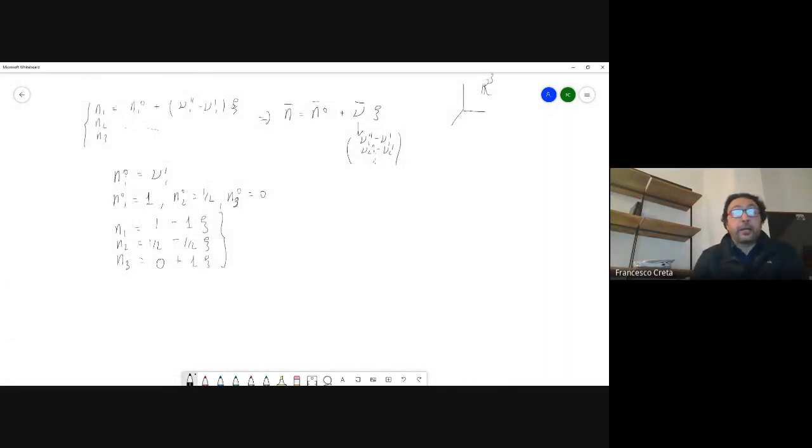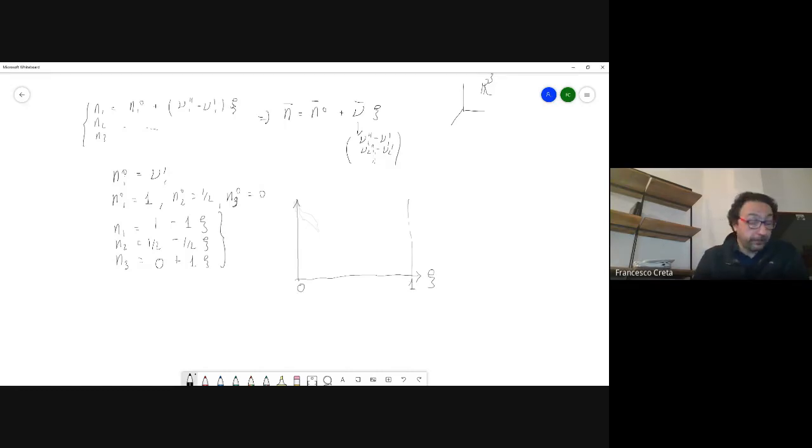For example, in this graphical setting you have on the x-axis the variable psi, which, as we said, varies from 0 to 1. When psi is 0, you only have reactants, and you have the initial composition of hydrogen and oxygen, in particular 1/2 mole of oxygen.